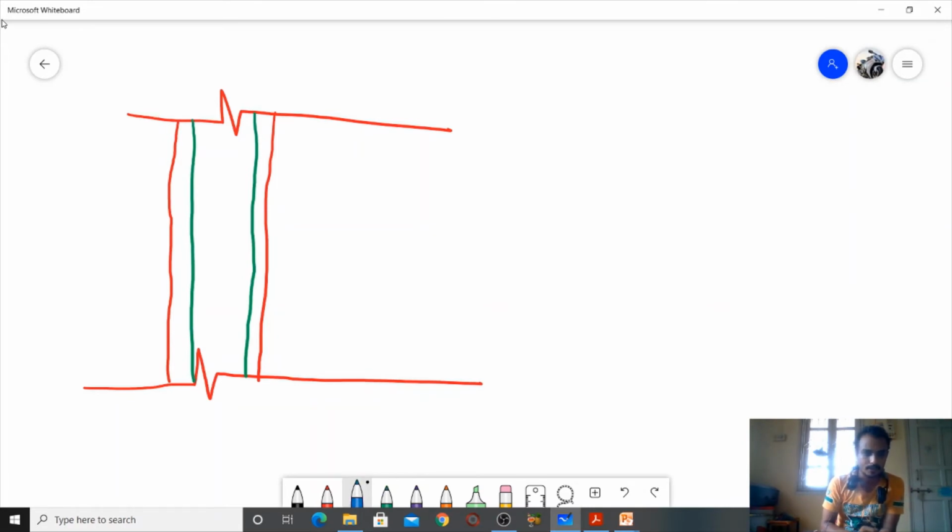It's a longitudinal bar, and here are the lateral ties.